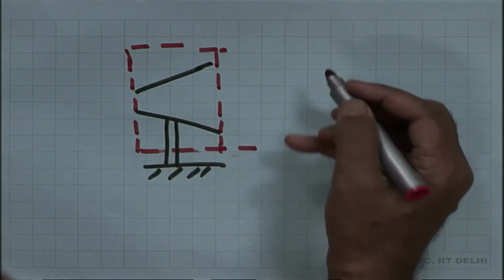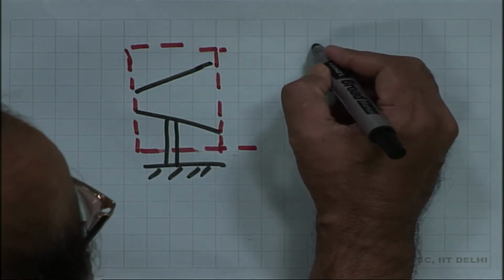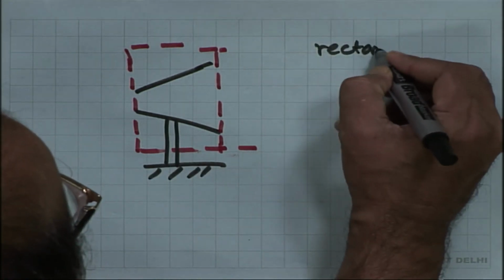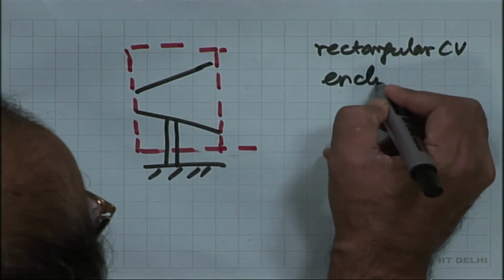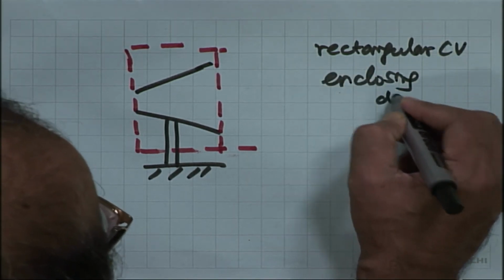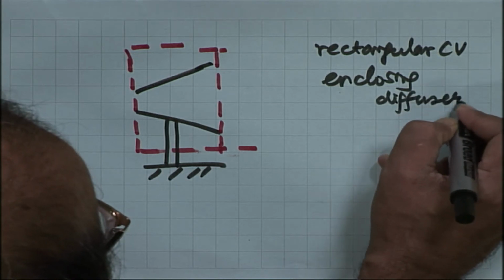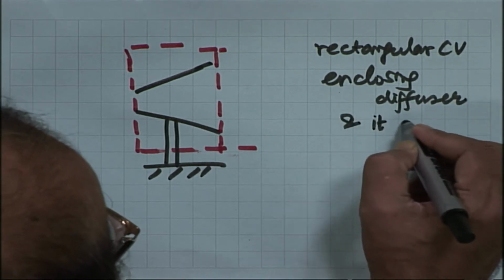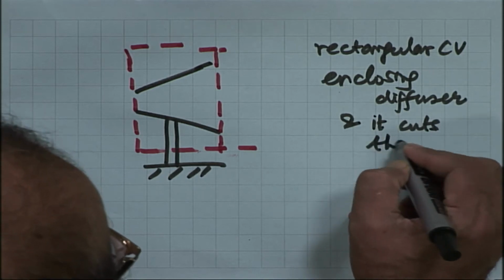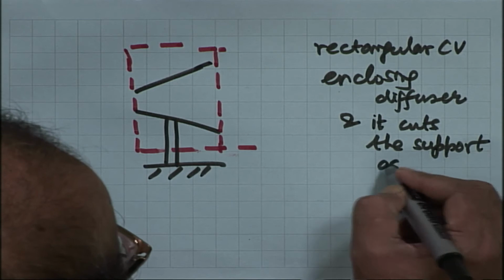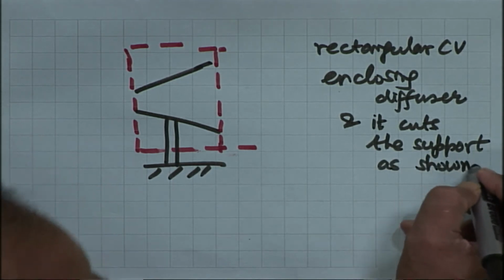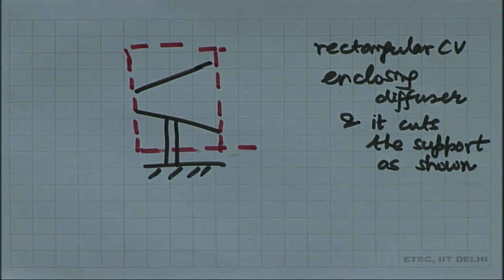I have chosen a rectangular control volume enclosing the full diffuser, and it cuts the support as shown. So, we choose a control volume which just encloses the diffuser.